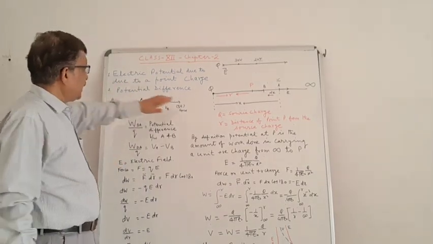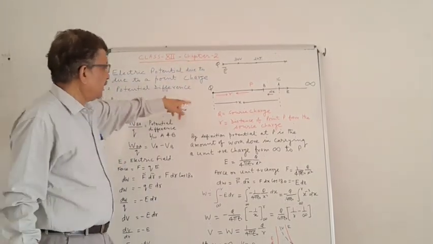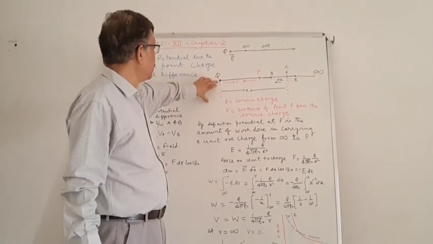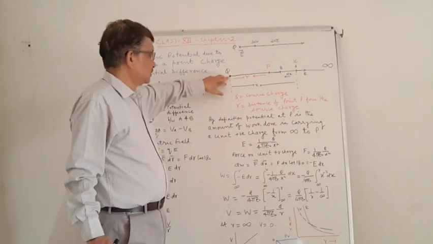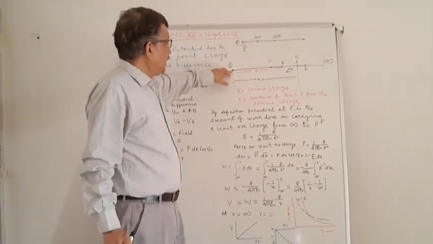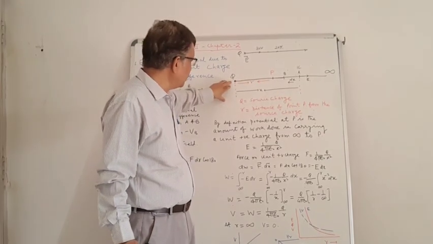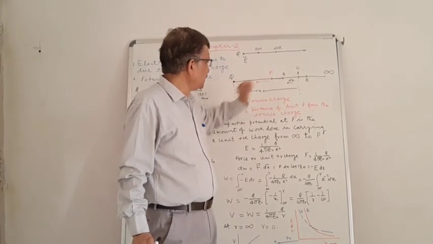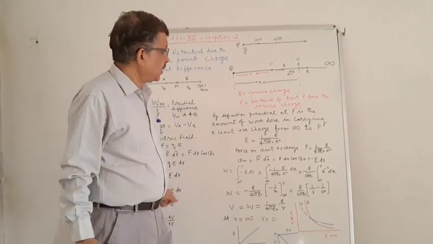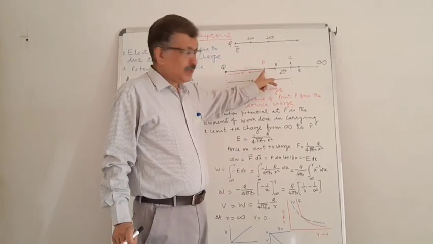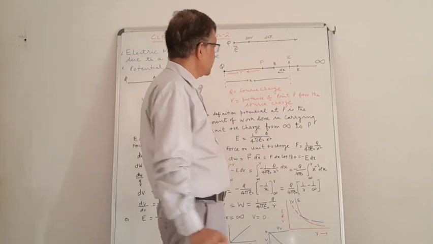Now we have to find the electric potential due to a single charge Q at a point P. Here is the source charge Q, this is the point of observation P, and we have to find the electric potential at P due to this source charge.